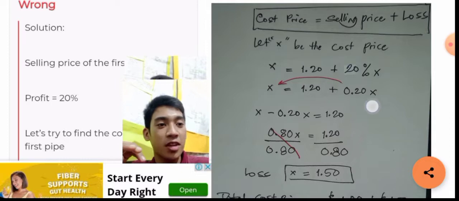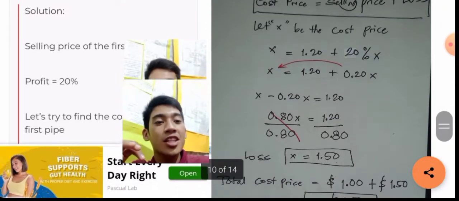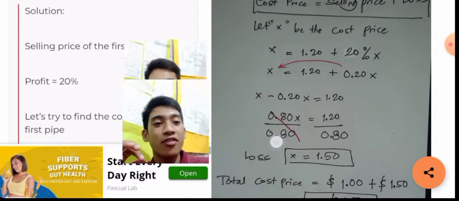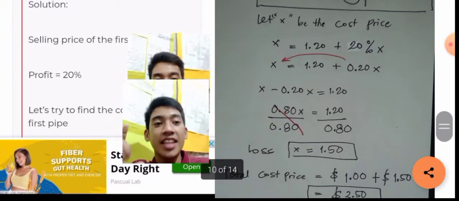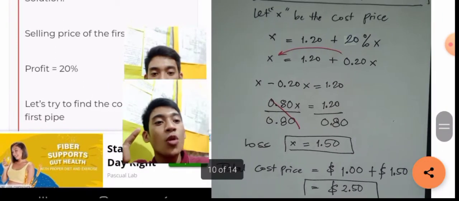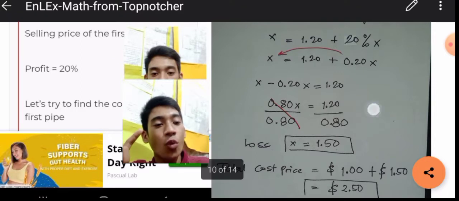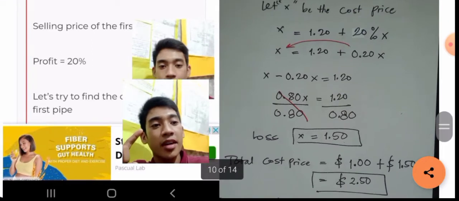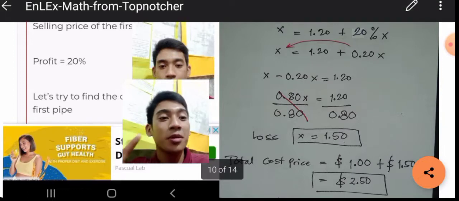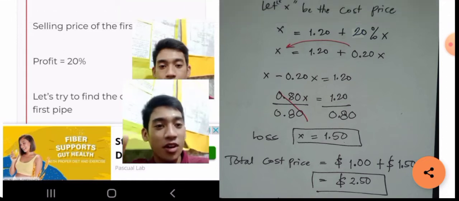Since it is positive, it will now become negative. So X minus 0.20X will give us 0.80X. Then divide both sides to get our X, which is 1.20 divided by 0.80. That will give us $1.5. That is the cost price for the 20% loss.